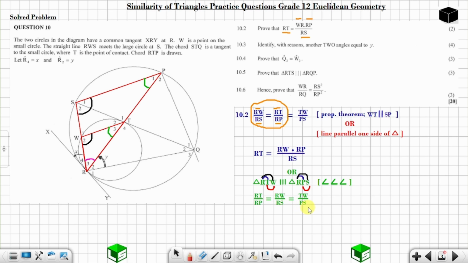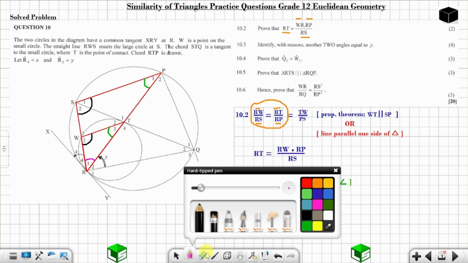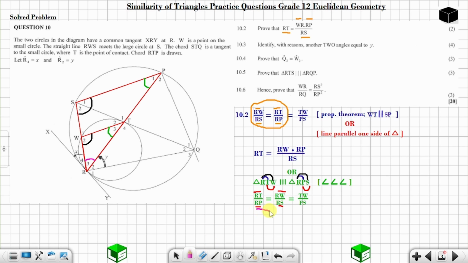Now you need RT, you have RT, you need WR, you need RP, you have RP, you need RS. So you are going to use this part.